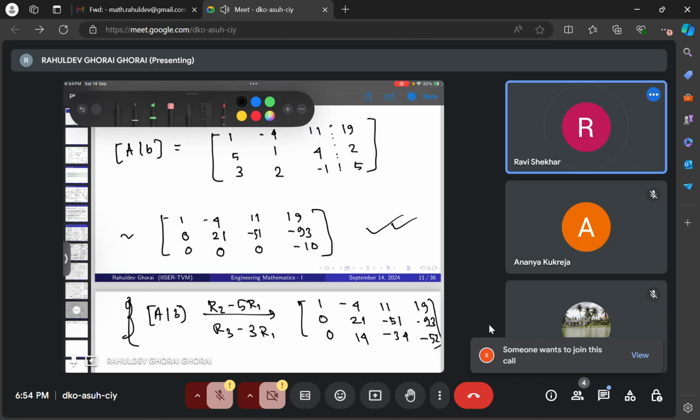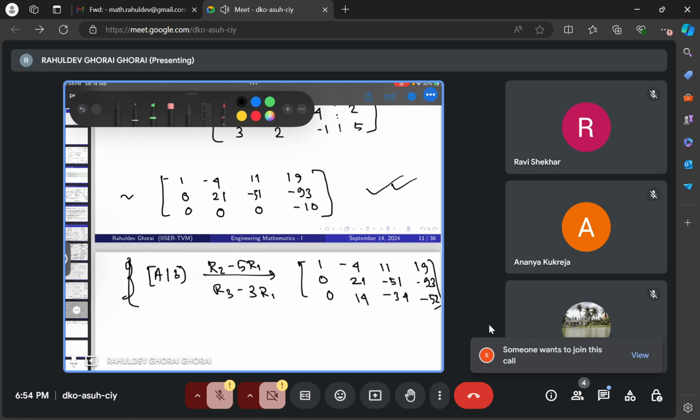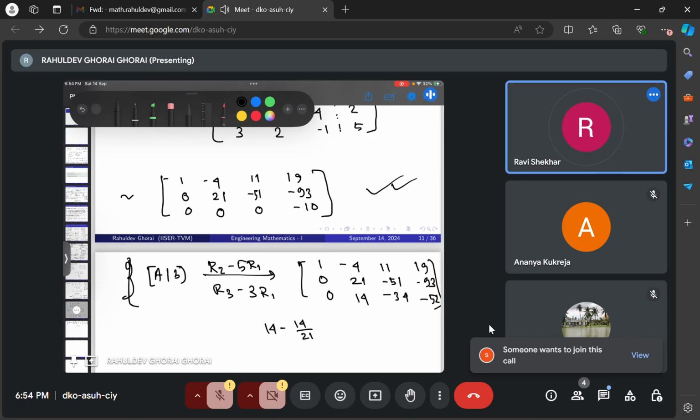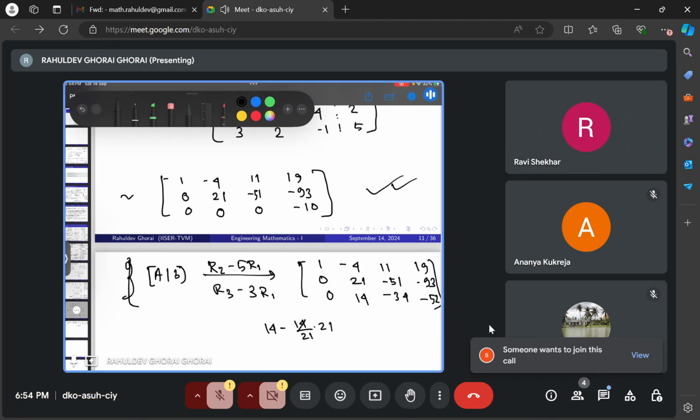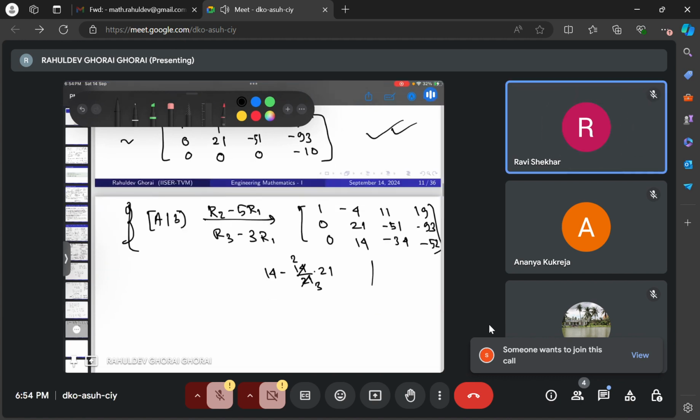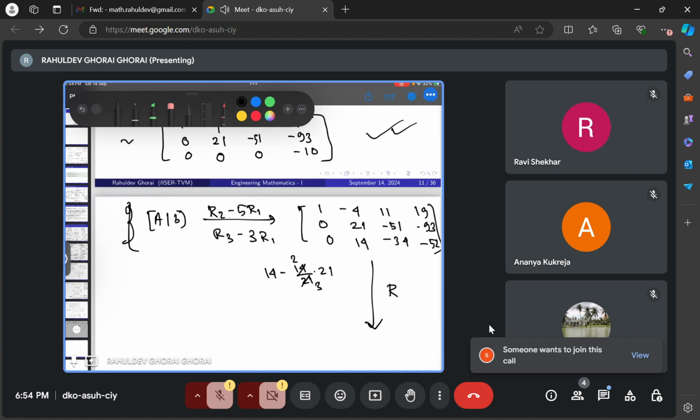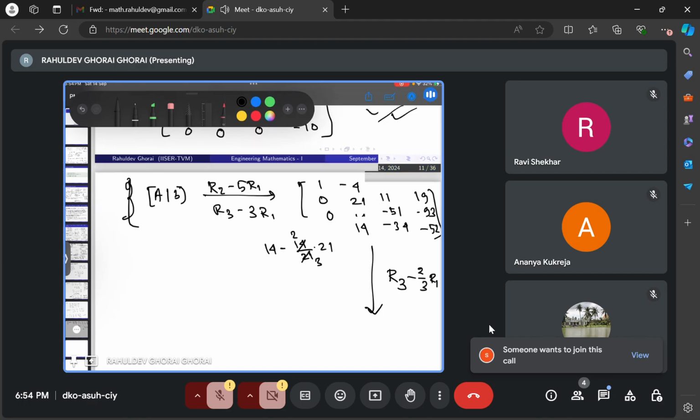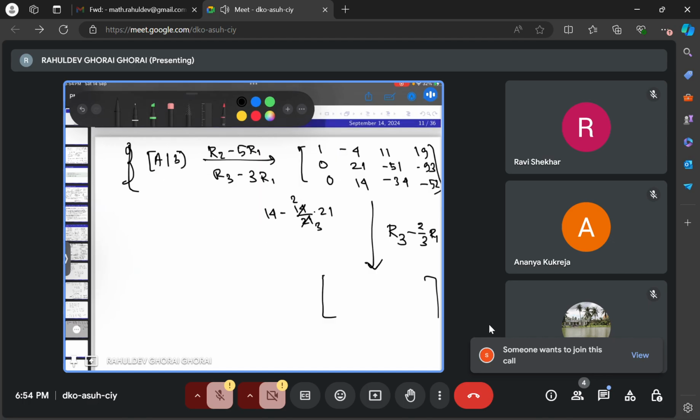Then I have to make 14 as 0, so R3 minus 2 over 3 times R2, right? Yes, R2, I think you were correct.